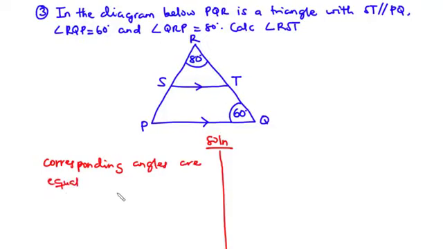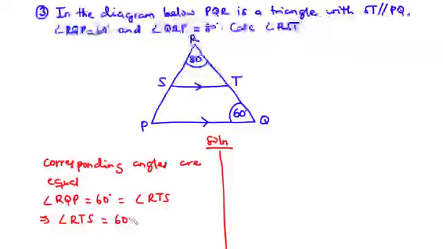RQP, which is equal to 60 degrees, is equal to the angle RTS. Therefore, we say that angle RTS is equal to 60 degrees. So we have this angle to be 60 degrees.